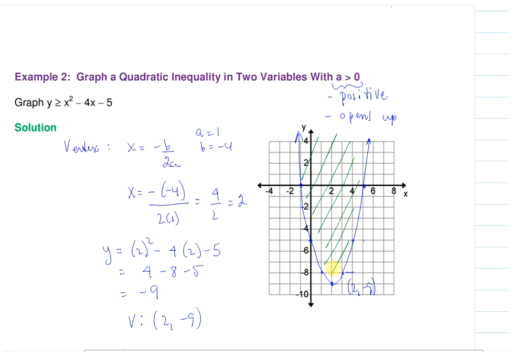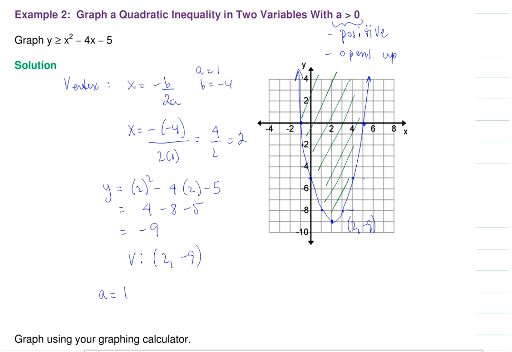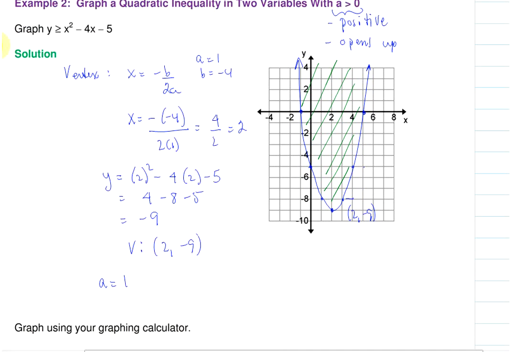All right, let's try a test point just to be sure that we're absolutely right. And I'm going to pick 0, 0. Okay, so test, and plug it into the original equation.